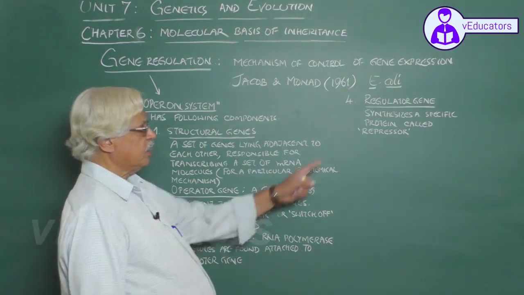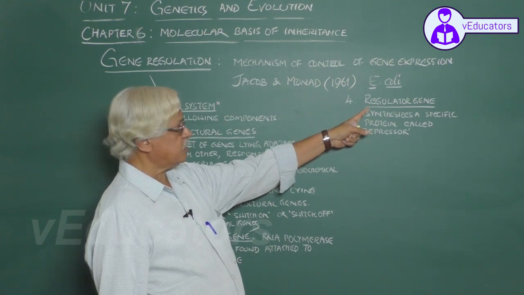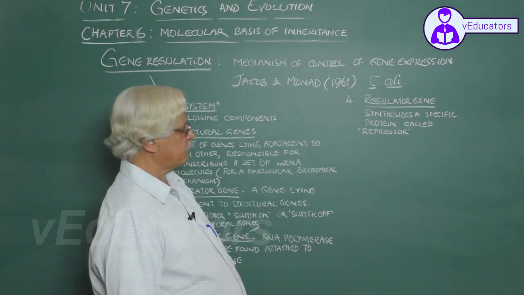So whenever the regulator gene undergoes transcription followed by translation, it synthesizes a specific protein called repressor.